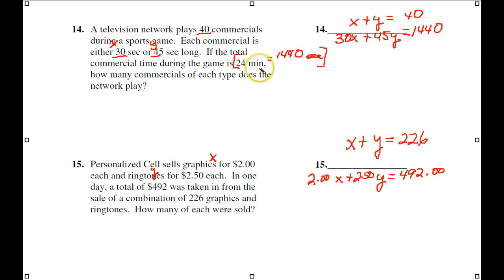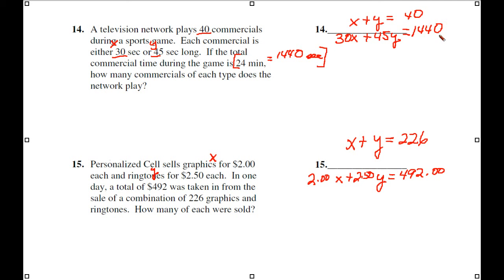And this is in minutes. So what you have to do is convert 24 minutes to seconds, so they'll be in line with these numbers here. So it's 30 seconds of X, 45 seconds of Y equals this total number of seconds during a game for commercials. Those are the two equations.